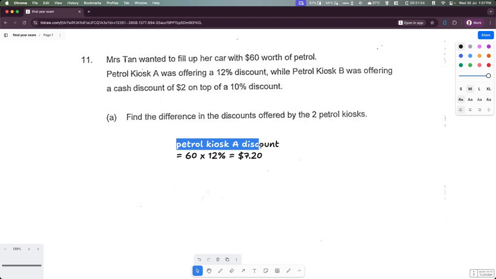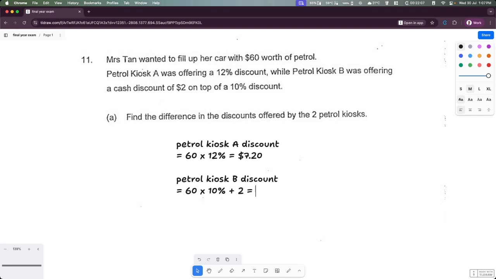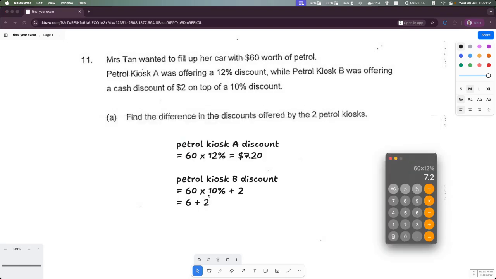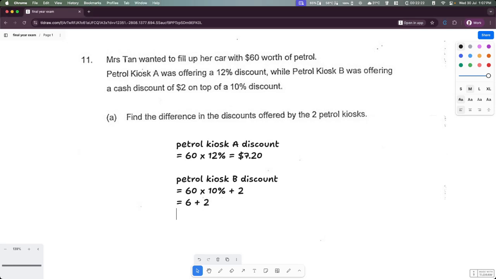Let's move on to petrol kiosk B's discount. It is 10%, and then plus a $2 discount. So this is actually 6 plus 2. If I double confirm with my calculator, 60 times 10% is $6, and then we have an additional 2, and this will become $8.